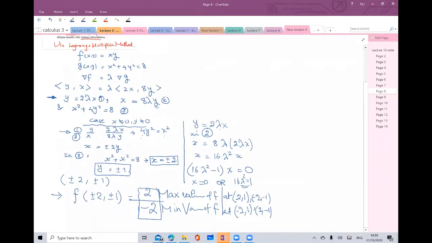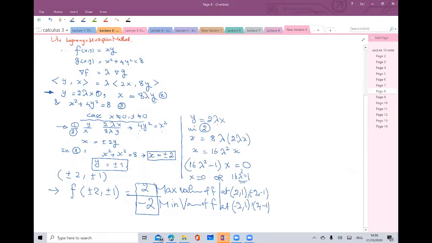We applied the Lagrange multiplier to find extreme values for the function xy subject to the constraint x squared plus 4y squared equals 8. We obtained three algebraic equations، solved them simultaneously, got my x and y, substituted بقى في الفانكشن, got my value of the function. The largest is the maximum and the smallest is the minimum.